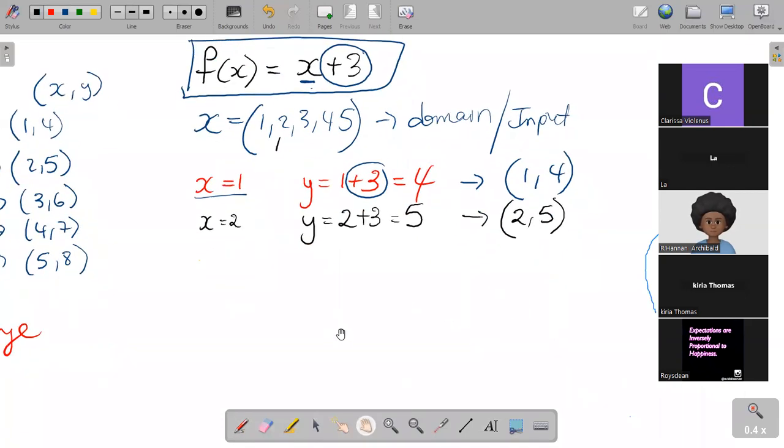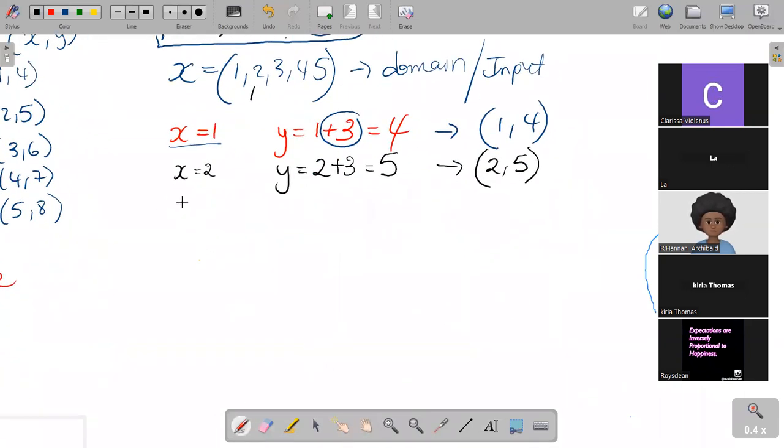I hope everybody is following me now. Let's do the next one. X is equal to 3. How do we get Y? We put it into the function. Y is equal to 3 plus 3. So what's the answer? 6. So what's the ordered pair? 3, 6. Next one. X is equal to 4.